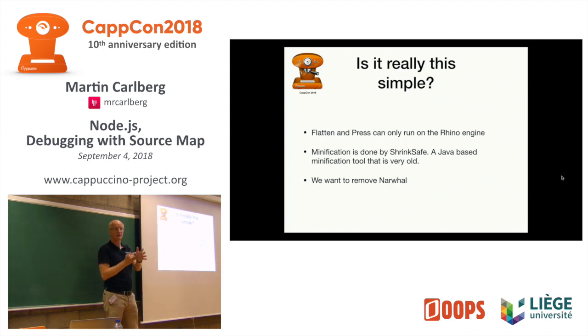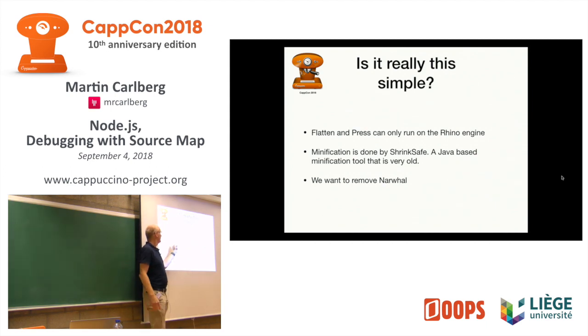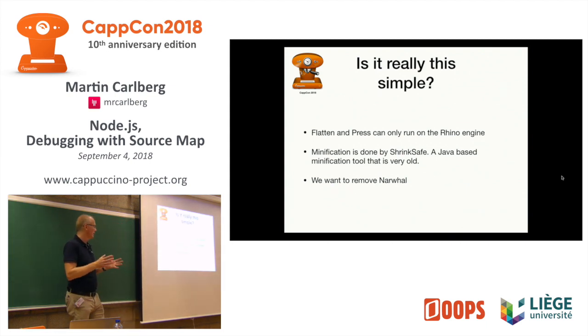We actually don't need the JavaScriptCore engine, even though it's really fast and really nice. It's enough if you just run on Node. It's almost as fast as JavaScriptCore. And then we can just remove Narwhal and clean up all the tools we have. But I think the best way to do this is in small steps all the time.